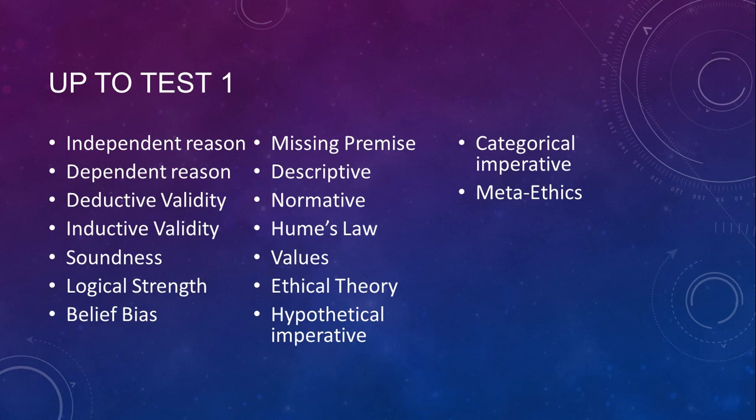Relevance being another important course concept. If they're independent, P1, if it's true, raises the probability of the conclusion regardless of whether P2 is true. And the same for P2. It doesn't matter whether P1 is true. P2 is raising the probability of the conclusion independently. And of course, the dependent reasons are just the opposite.